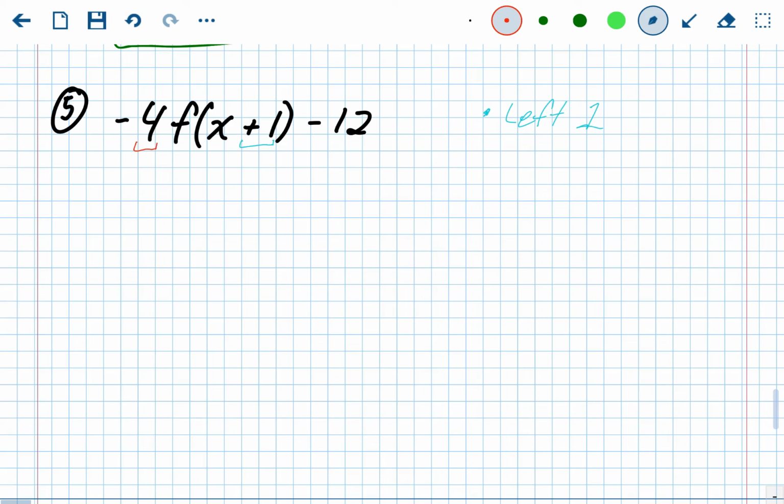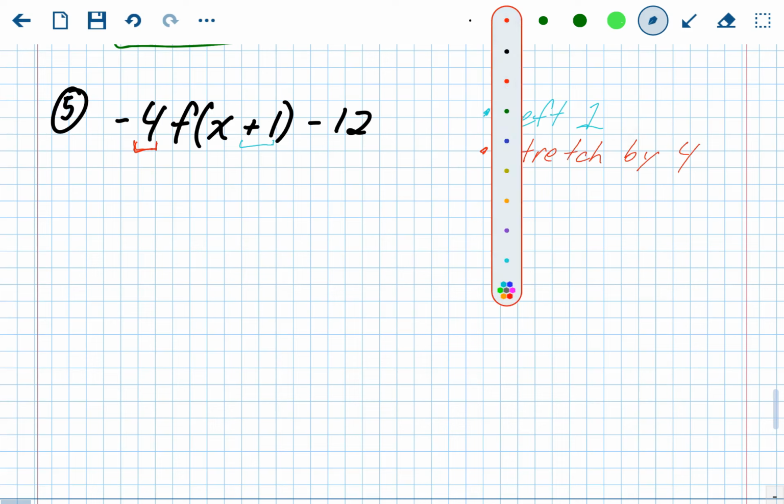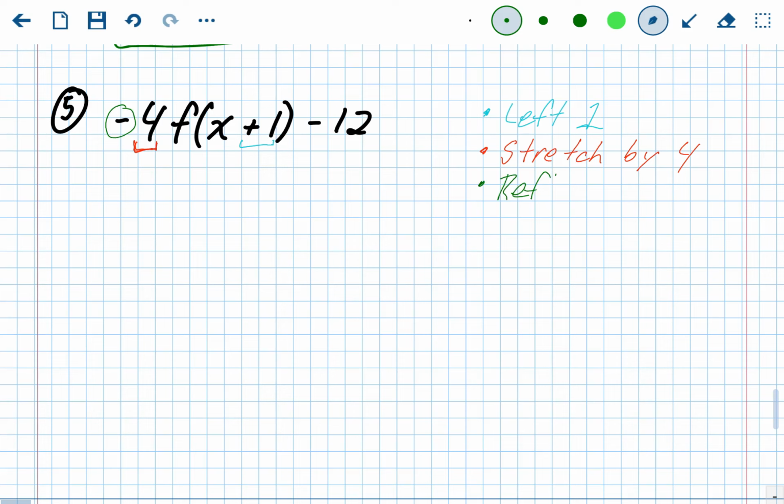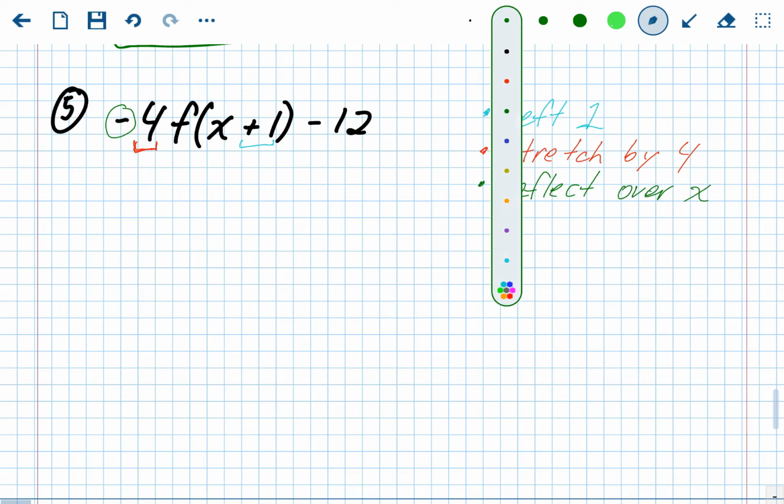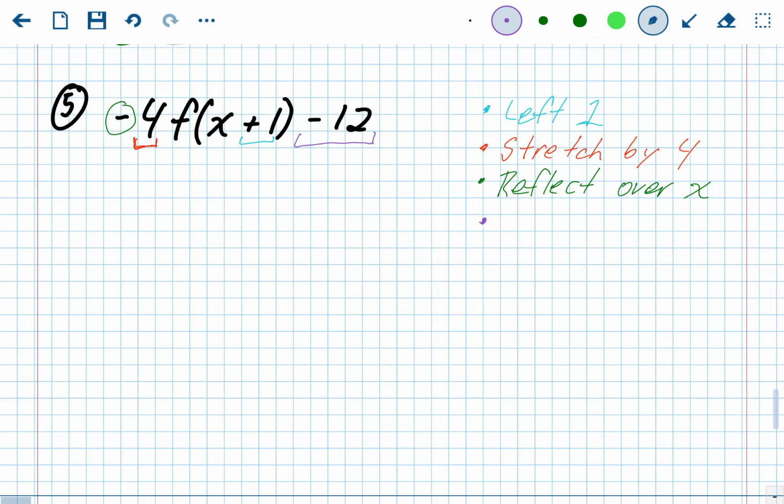The 4 being multiplied is going to stretch the graph by 4. The negative sign out front is going to reflect over the x-axis. And then lastly, and we're going to talk about the order for these in a different part, the last one, minus 12, is going to shift your graph down 12 units.